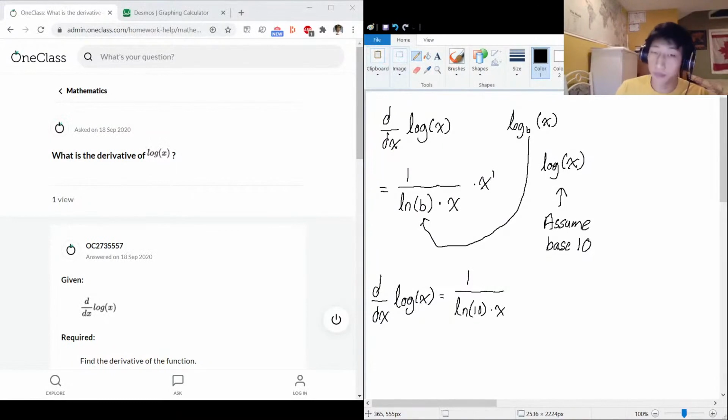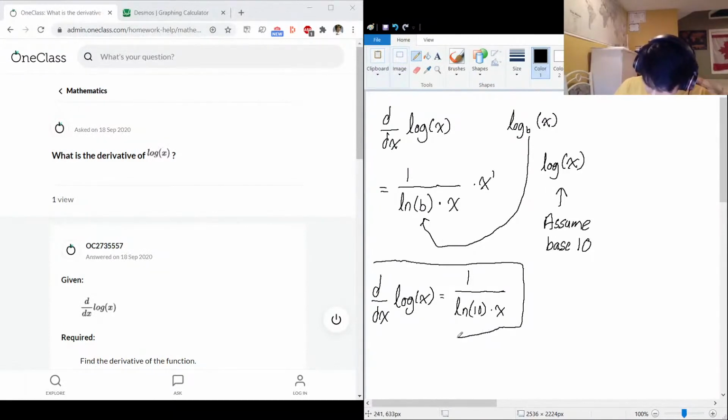Here, because of the chain rule, we have to multiply with the derivative of what's inside, but we know that the derivative of x is just 1. So this entire thing simplifies out to 1 in this case, so we actually don't need to write anything for that. And this would be our complete solution right here.